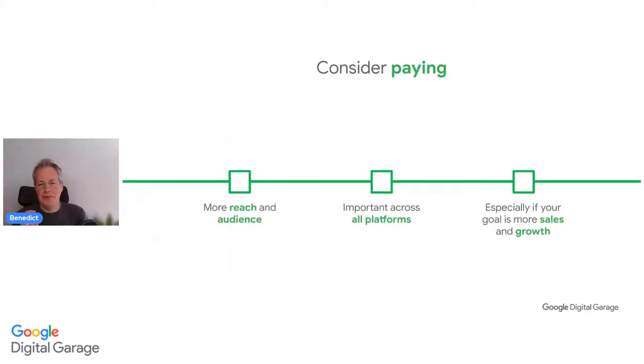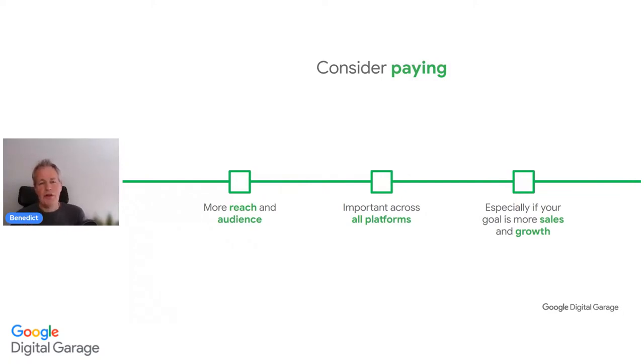Now, consider paying. Organic reach, of course, can only take you so far, especially with websites, where it can take a long time. It's the same with posts. You're often only communicating with your followers, and then the followers of the followers, so the number of people you're actually reaching is often quite small.